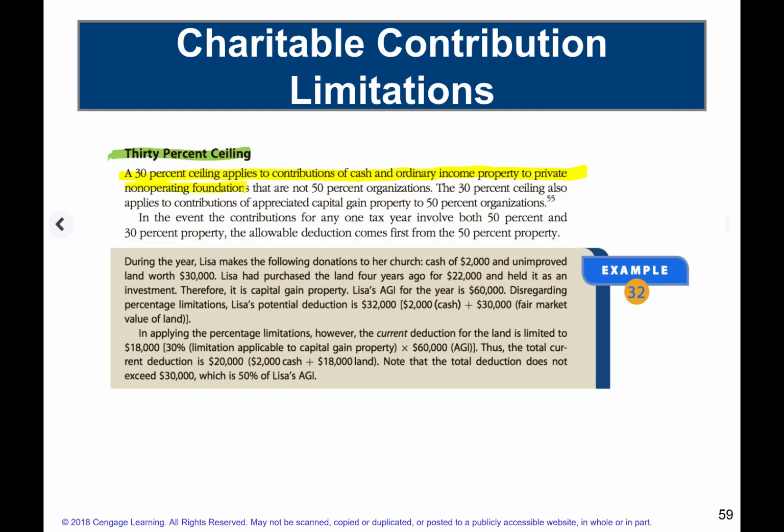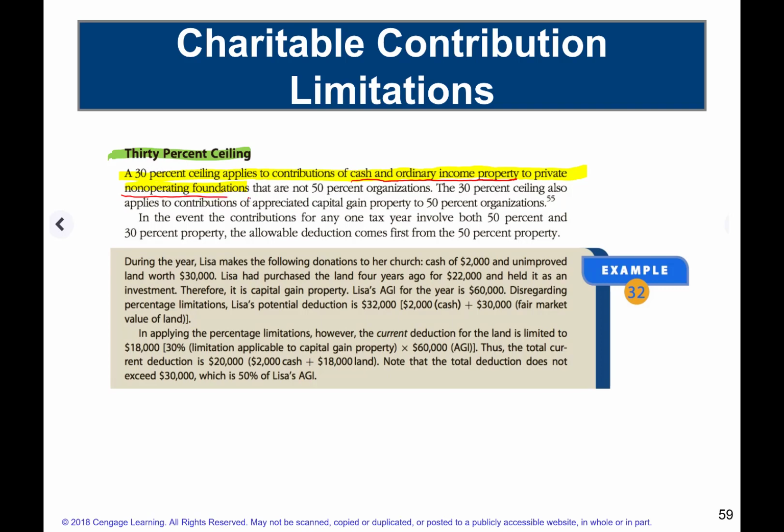So now they're putting a limit to what we can deduct for our private non-operating, and it's cash and ordinary income property, so we're not talking about capital. And they tell us that what?